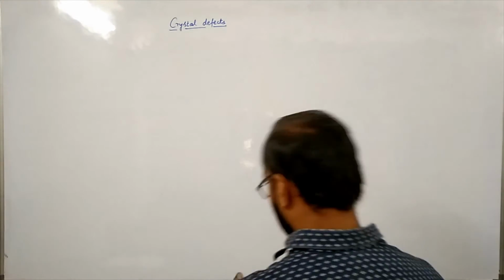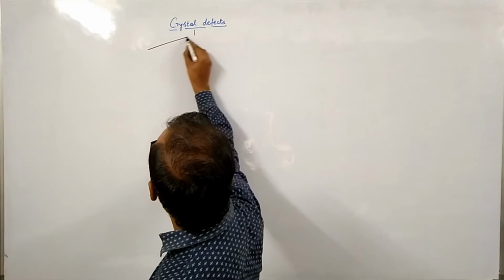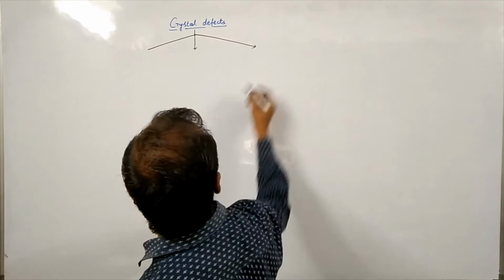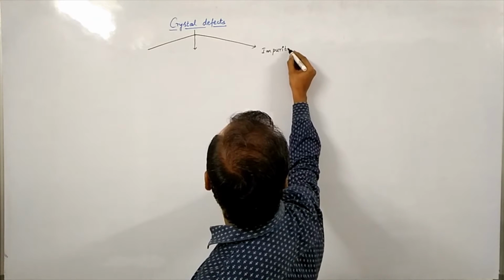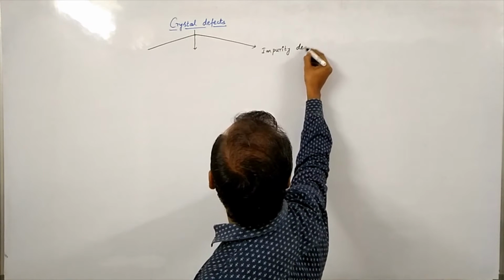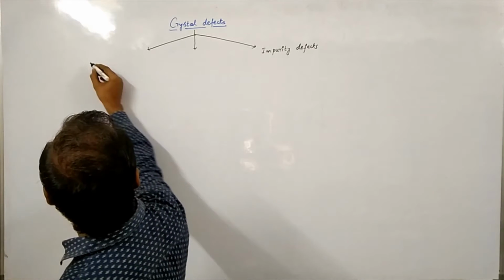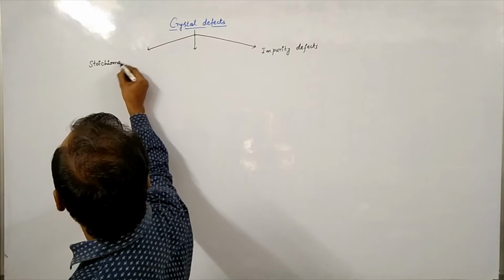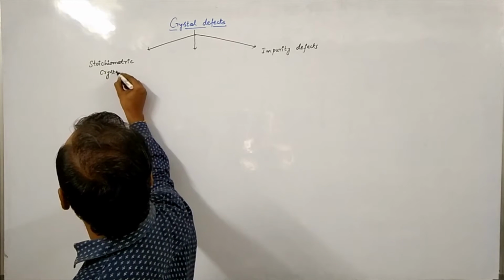So these ionic crystal defects are classified into basically two types. We may say three types. One is impurity defects, then stoichiometric defects, and non-stoichiometric crystal defects.